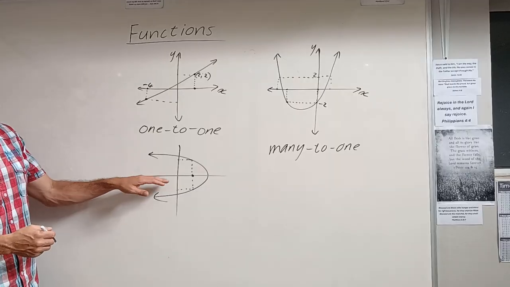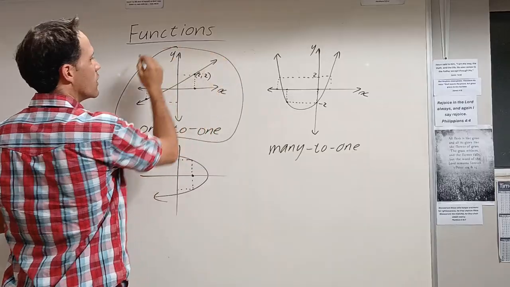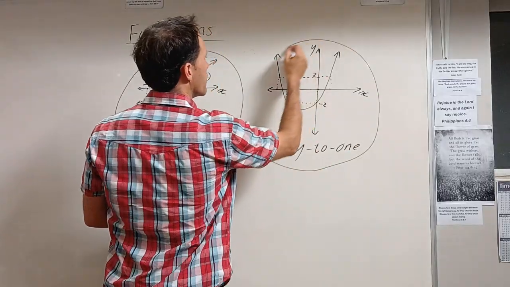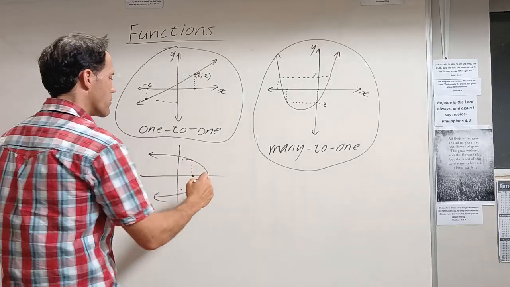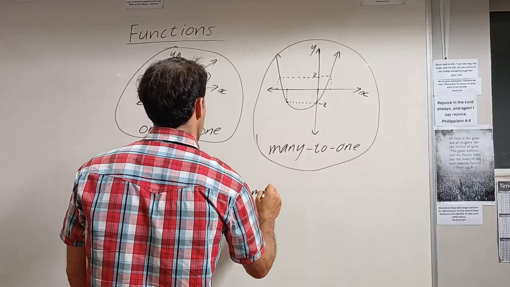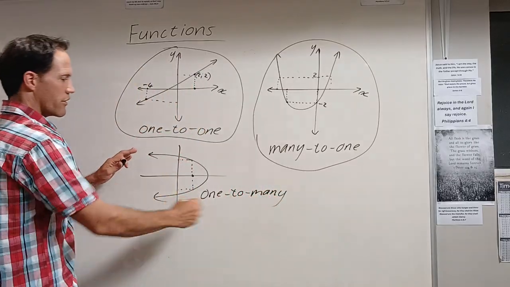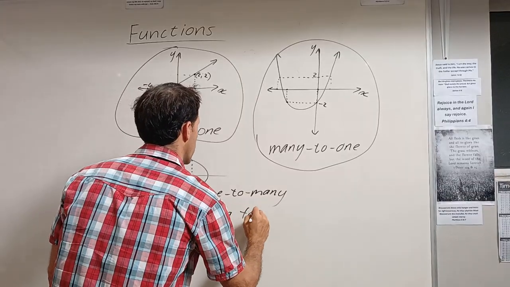So this one is called a one-to-many. So that one is a one-to-one. This one is called a many-to-one. And these two are called functions. And this one is called a one-to-many, and so this one is not a function.